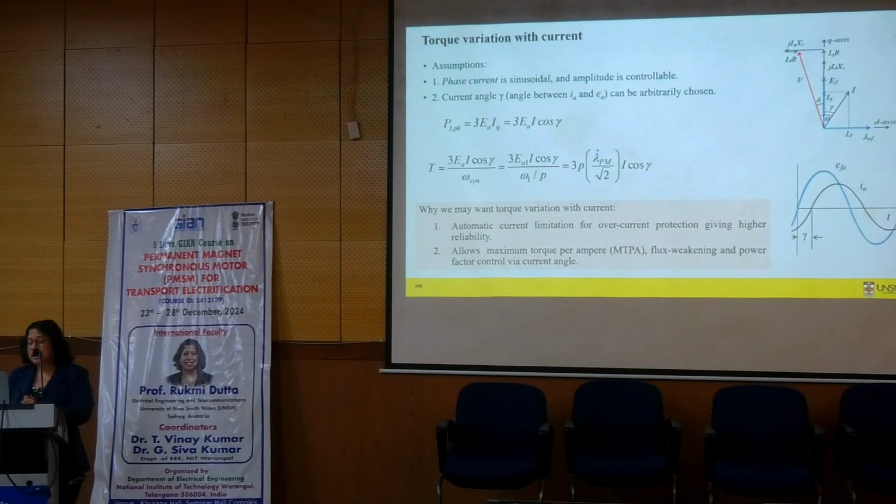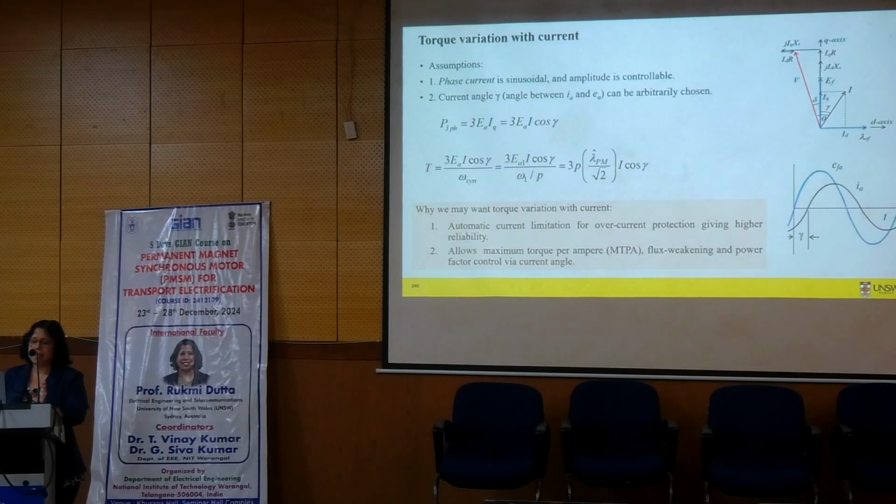You may remember that the main power which contributes to the torque, sometimes called the developed power, from the basics of the DC machine, that developed power is back EMF E times I, right? So it is the same concept.